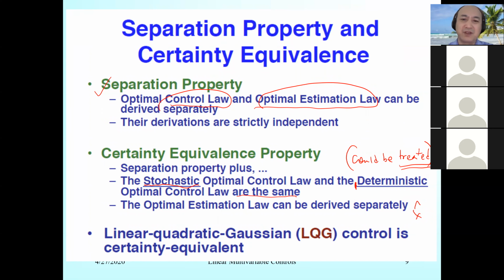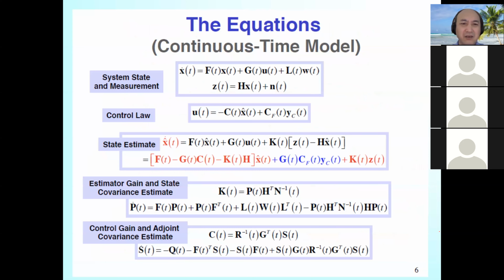The same. We are going to see more soon. So LQG control is certainty equivalent, in other words. Although we have Gaussian noise in here, it looks very similar to the LQR. Basically, we should say they are the same, with some small differences.